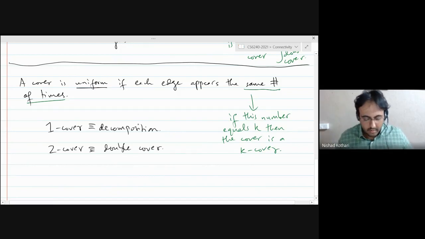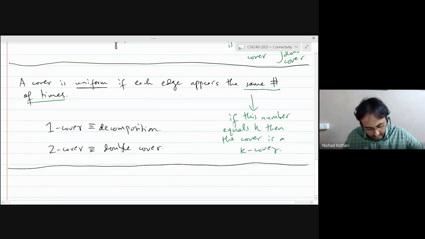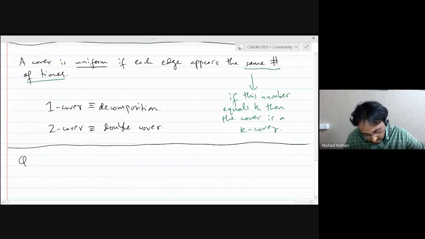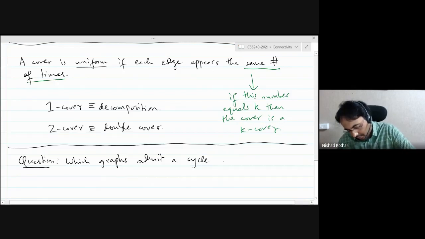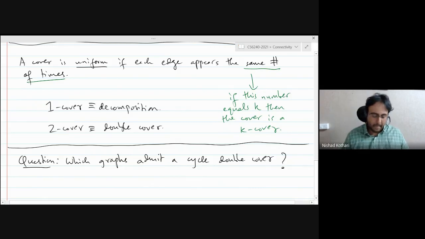Okay. So the question now we are going to ask, which graphs admit a cycle double cover?